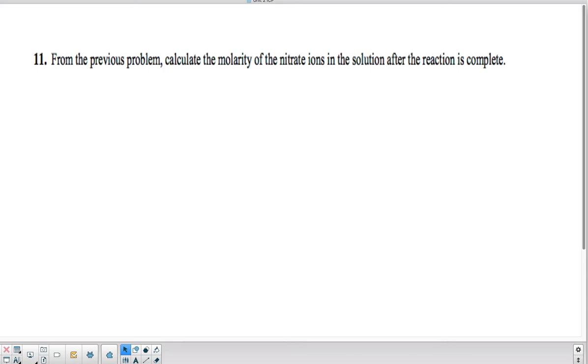So here's what we're going to do. We know our original concentration is 0.250 molar FeNO3. Is everybody with me there?